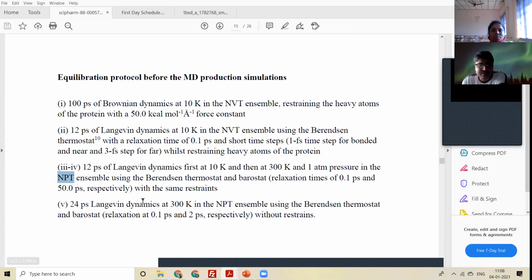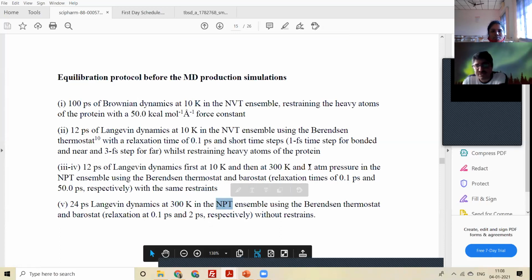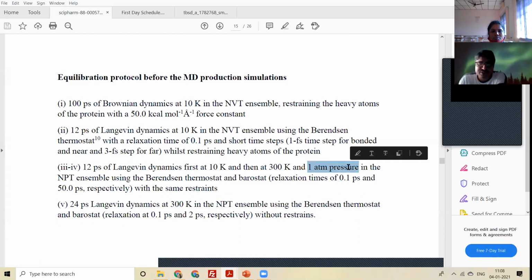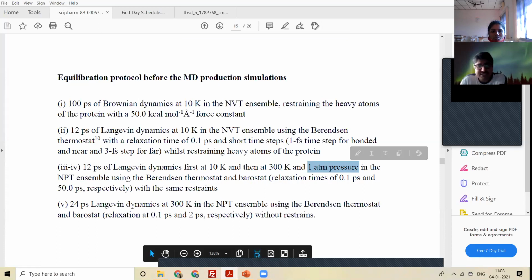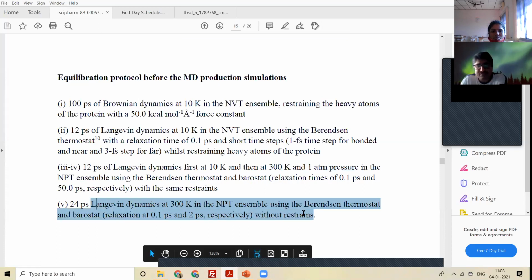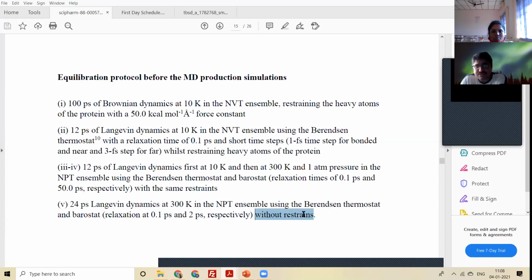Gradually you can see that we reach the 300 Kelvin temperature, and then we set the ensemble to NPT and the pressure to 1 atmosphere, which is exactly the same as in the production simulation. But we set this condition at the last stages. So we perform this with some restraints and then without restraints.